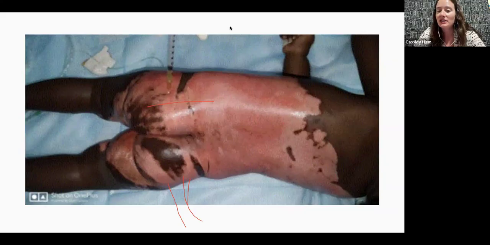Sure. So we have a patient here, in this picture, and we have a pretty large area of burn. I would like everyone to try to estimate about what percent of the total body surface area is involved in this burn.